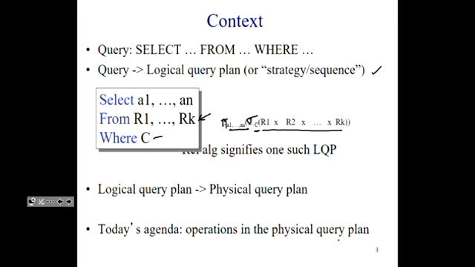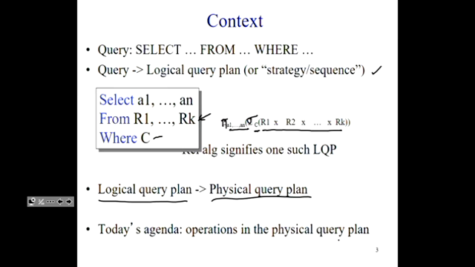The next step that is done by the database system is to transform this logical query plan into how it's actually done on the data. This is a physical query plan. A physical query plan needs to be very aware of how the data is represented on disk and how you can actually operate on it, so it needs to be a lot closer to the data and less high level.